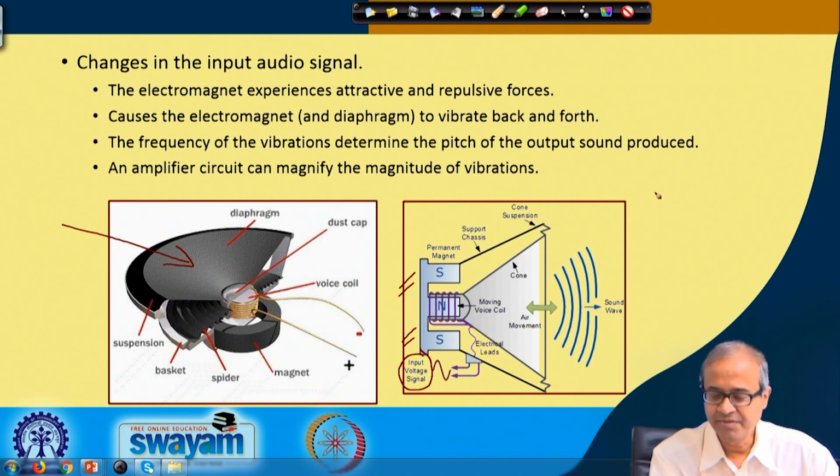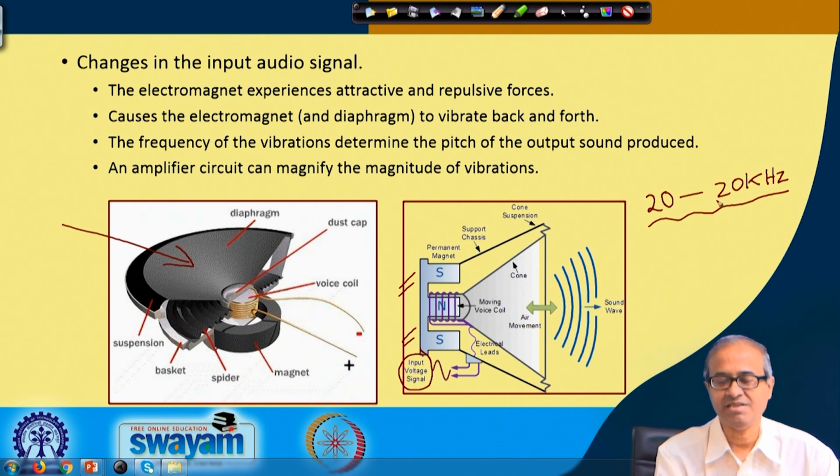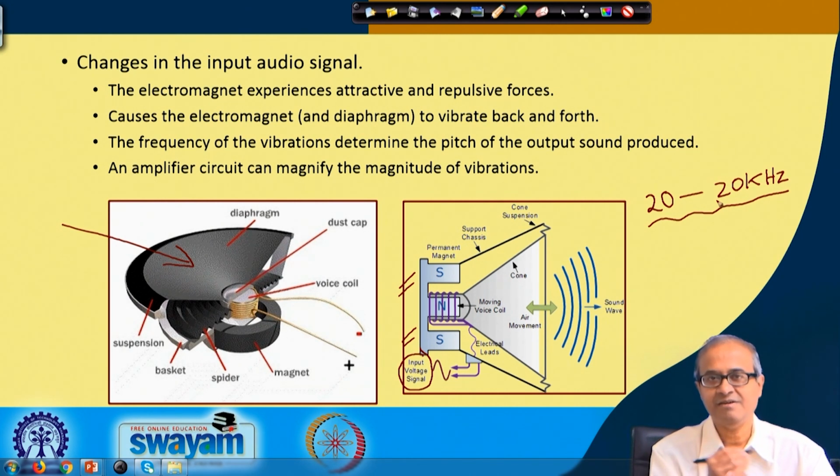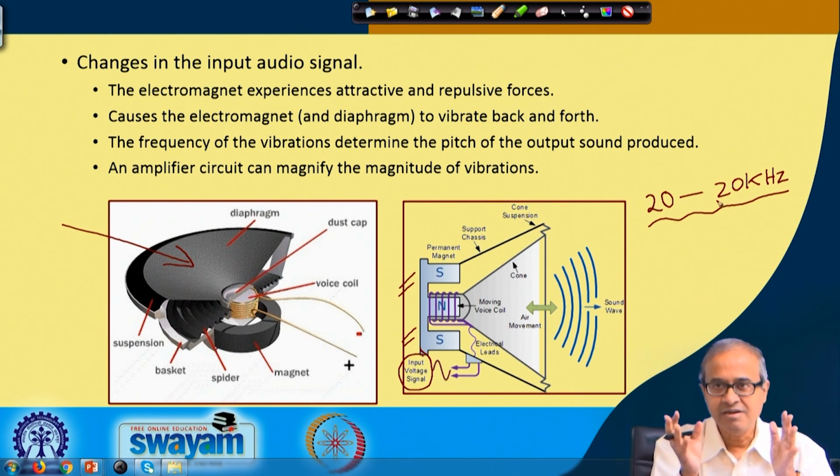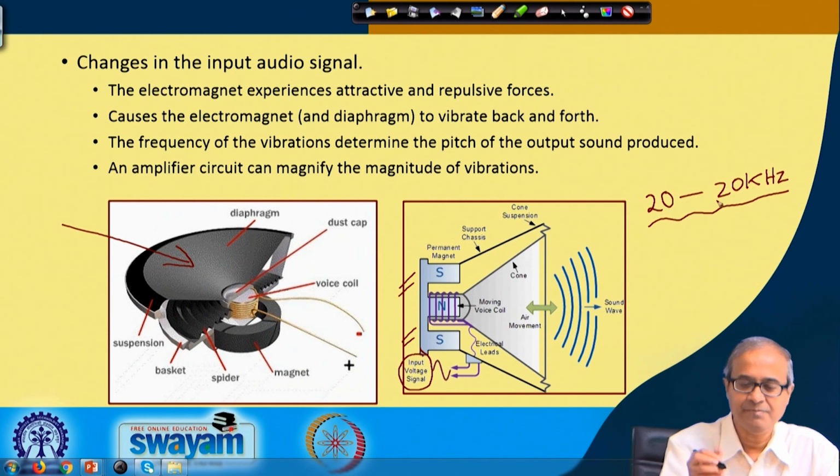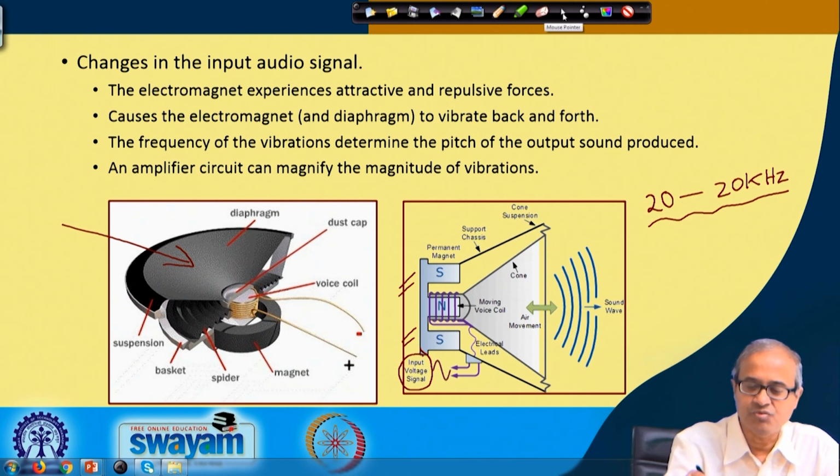Now, you know that the typical audio range is 20 hertz to 20 kilohertz. So, the human ear is able to hear between this frequency range. So, if there is a frequency with which the diaphragm is vibrating in this range, we will be able to hear that sound, right. This is how it works.